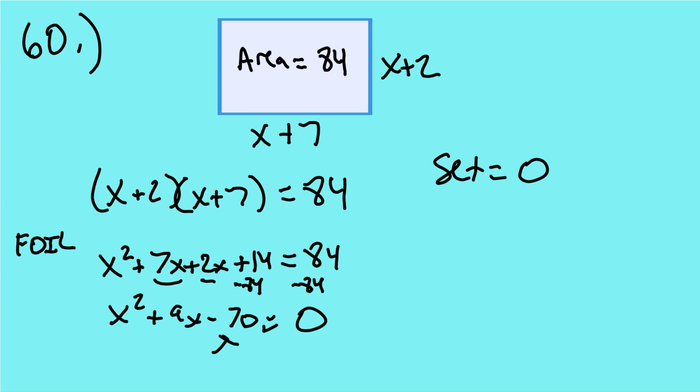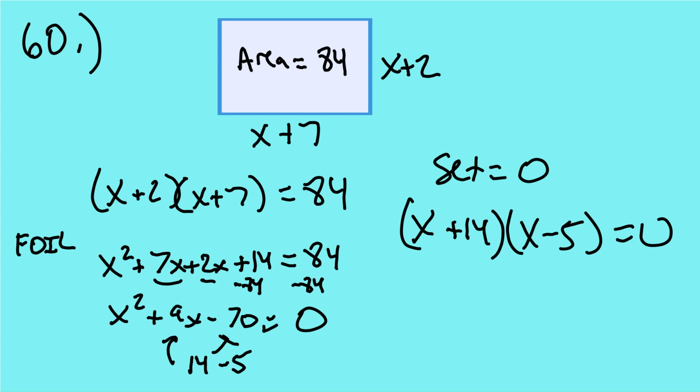So I can say, how do I get negative 70? I'm going to pick 14 and negative 5. Because that will give me negative 70, and I'm going to add it to be 9. So I have x plus 14, x minus 5 equals 0.